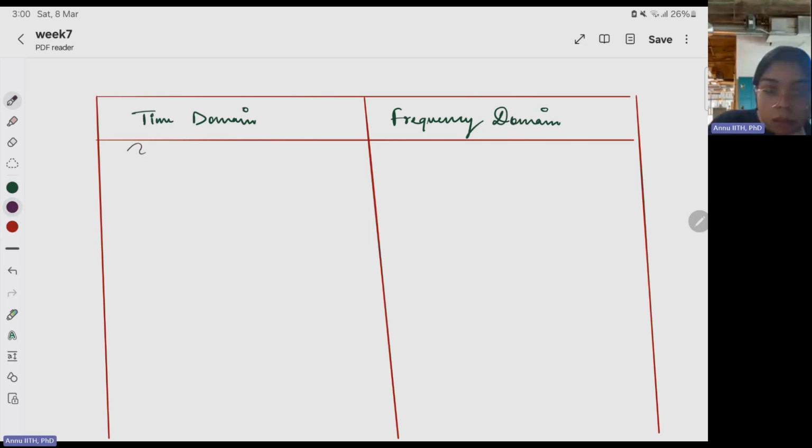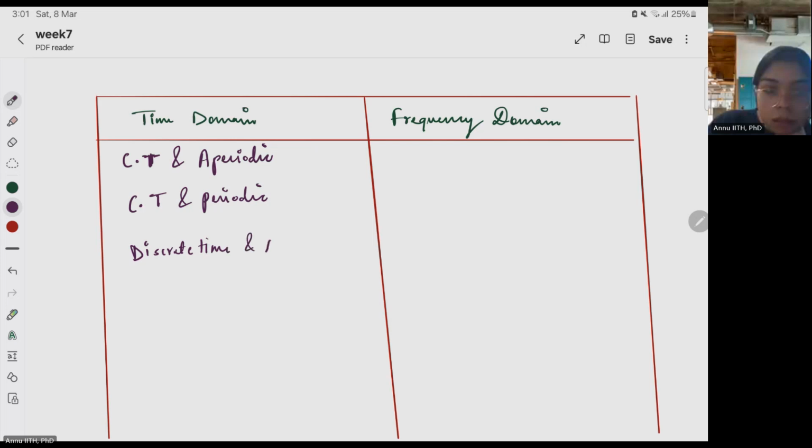So when we talk about the time domain, suppose we have first continuous time and aperiodic. Second is continuous time periodic. Third is discrete time and aperiodic.